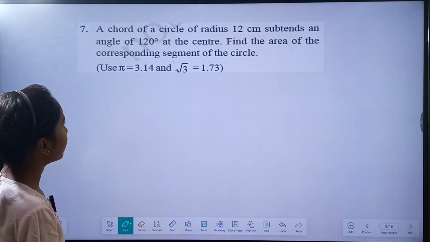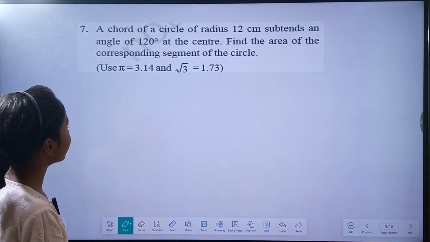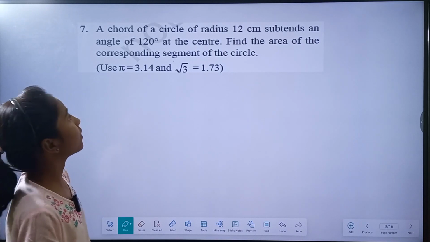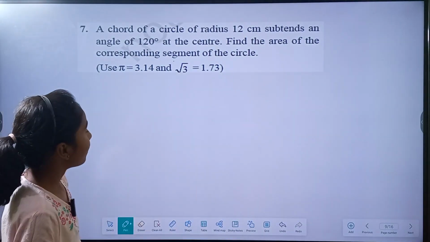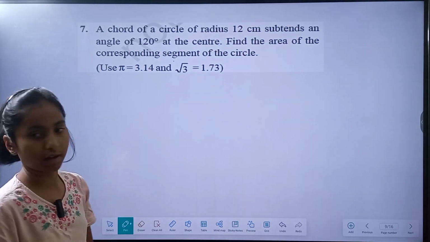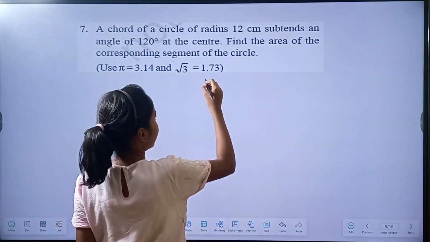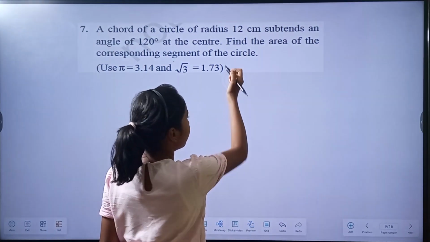A chord of a circle of radius 12 centimeter subtends an angle of 120 degrees at the center. Find the area of the corresponding segment of the circle. First let us find the area of the sector AOB.